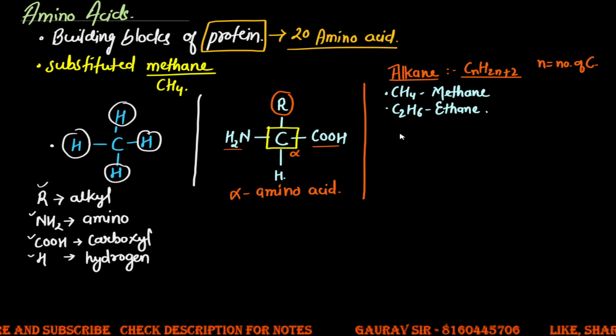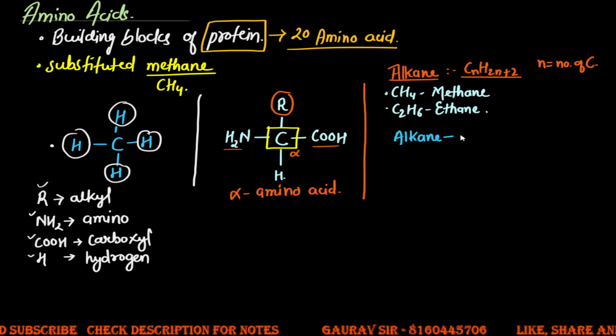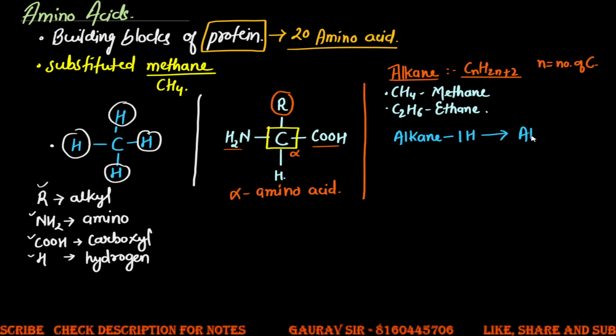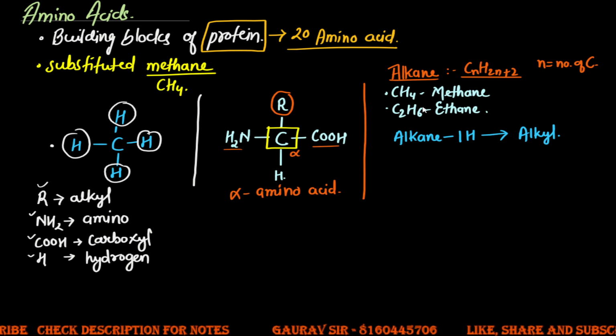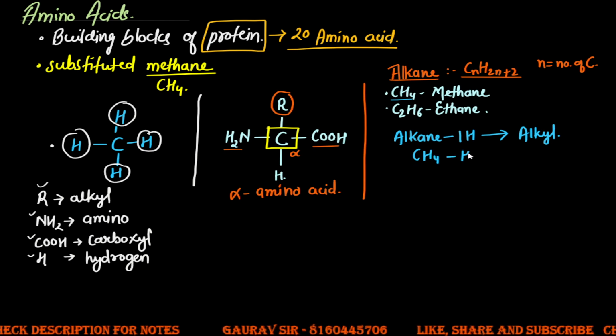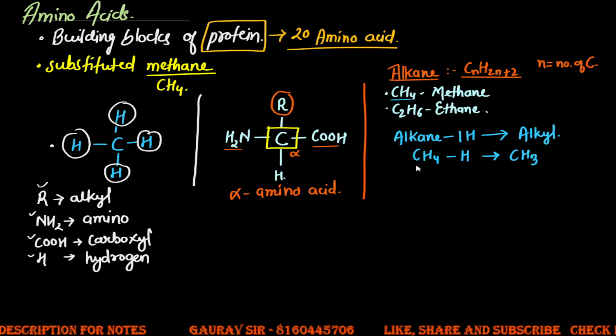What I'm going to do is, from this alkane, I will deduce 1 hydrogen. I will actually subtract 1 hydrogen and I'll get an alkyl group. Right, so if I got this alkane as CH4, from the CH4, if I remove 1 hydrogen, I get CH3. Okay, what was CH4?